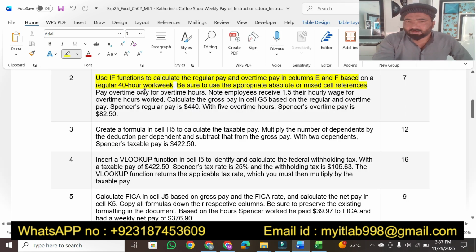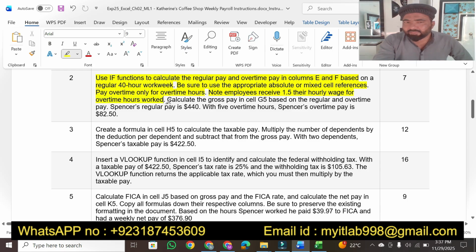Then we have to use the IF function there. Pay overtime only for overtime hours. Note that employees receive 1.5 times their hourly wage for overtime work.